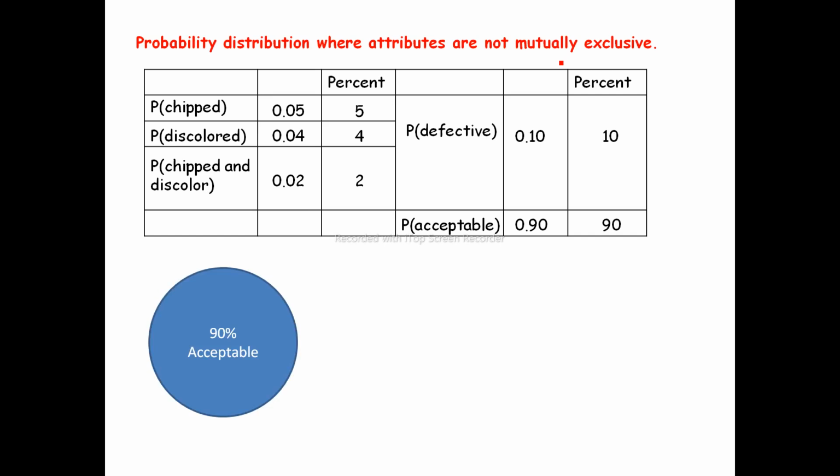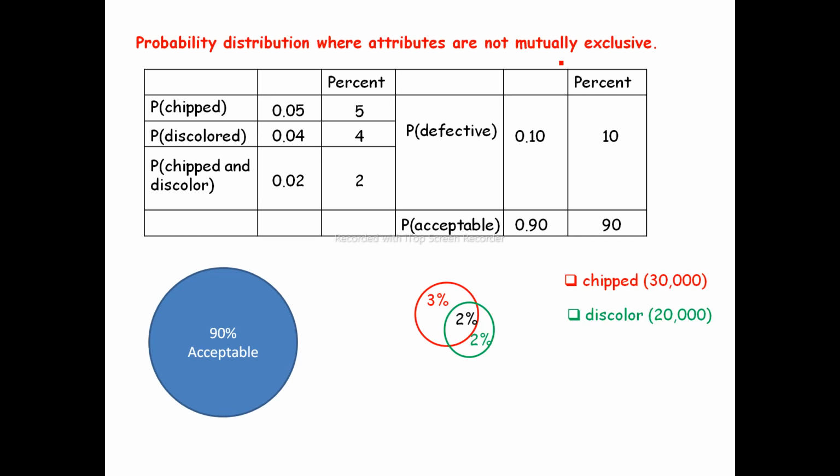And in graphical manner you can see 90% of tablets are acceptable and 10% are defective. Now among the defective, 3% is only chipped. Okay, 2% is only discolored and 2% is chipped as well as discolored.